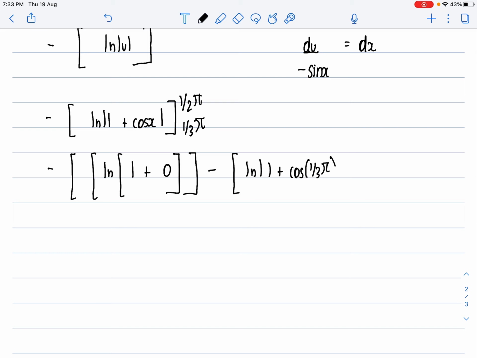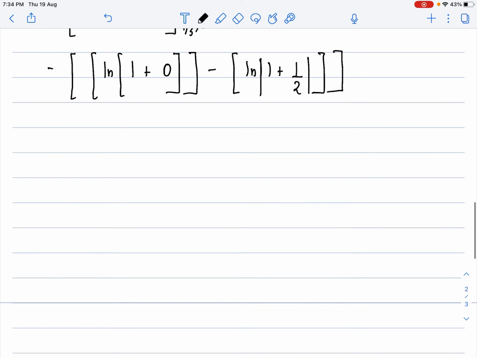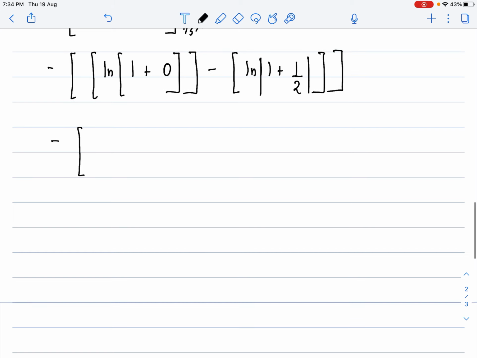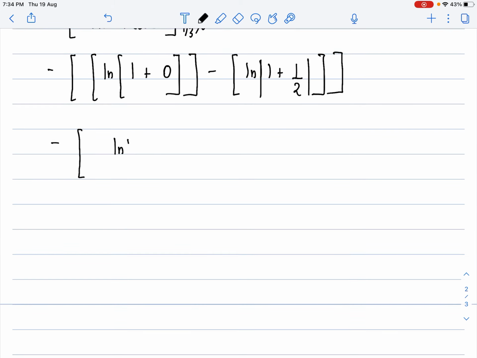Basically, on the calculator you can do cos 1 over 3 pi, which will give you ln of 1 plus half. This is what you'll get. Now you can write this as minus, here you will get ln 1, sorry, just 1 second, yeah, here you can get ln 1 minus, here you will get ln 3 by 2.